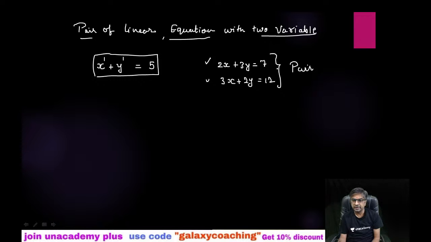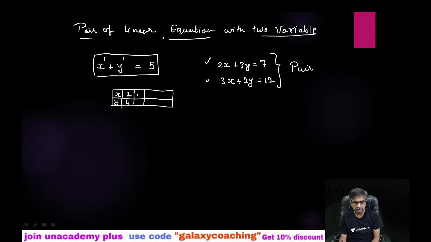Now this is pair of linear equation. In 9th class, what you were doing, you were finding the solution of this equation, by keeping or by assuming any one of the values. Let me write down. By supposing, if x equals to 1, what will be y? Y will be 4.